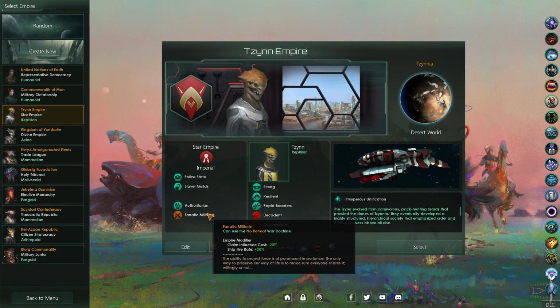A fanatic militarist can use the no retreat war doctrine. How have you been, Rav? How was your day? Heard it's the milkman. Now, how's your mom doing? Empire modifier. Oh, I skipped something. Can use the no retreat war doctrine. I'm very curious as to what that is, because I keep seeing that pop up.